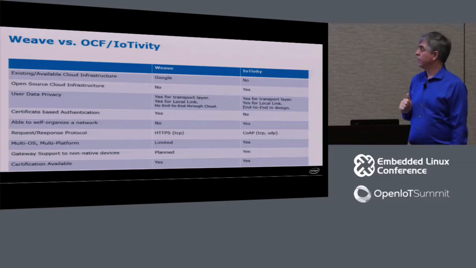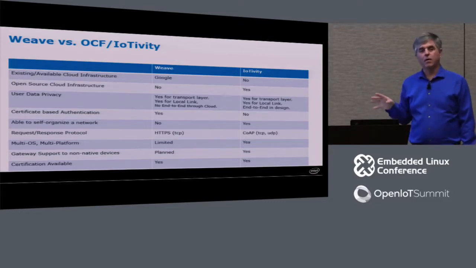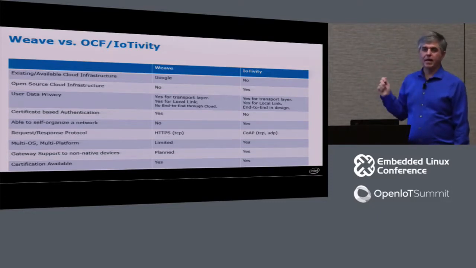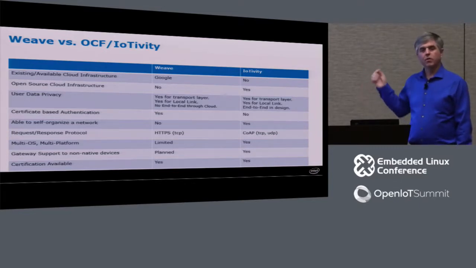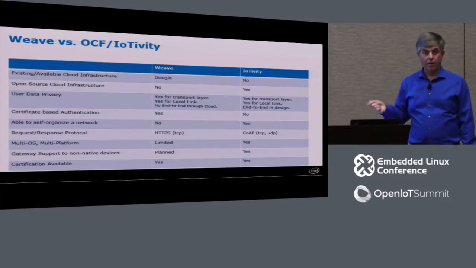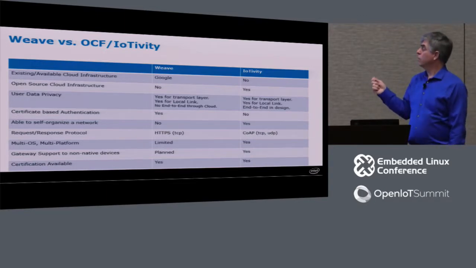It's not just for Linux, whereas Weave is intended to be multi-platform, multi-OS, but it really isn't realized as that yet. I think that's more of a long-term plan. Certainly with libmicroweave, you could take that code and port it anywhere. So we'll see where that evolves in the future.